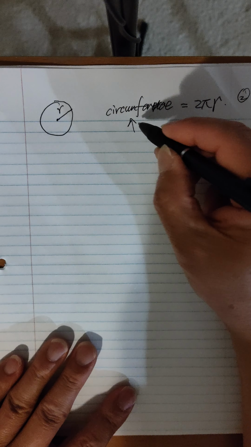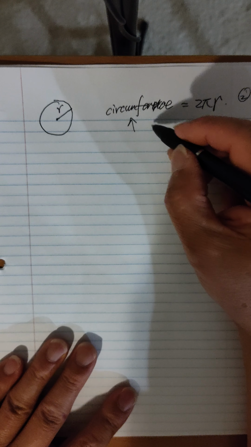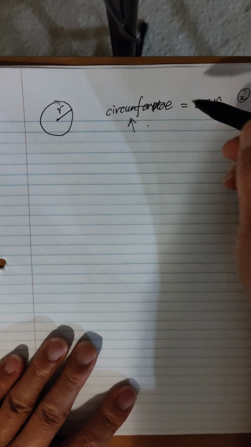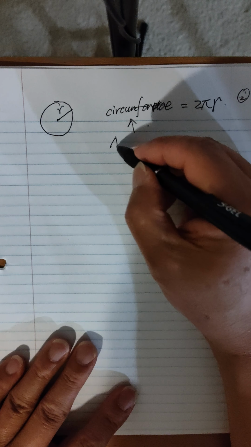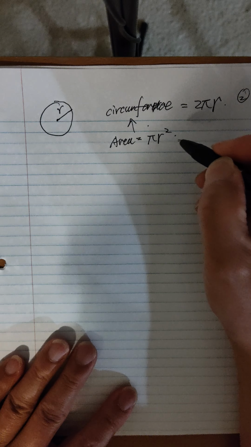Notice for the circle, we typically use the circumference instead of perimeter, but they are pretty much the same thing. And the area of the circle is pi r squared.